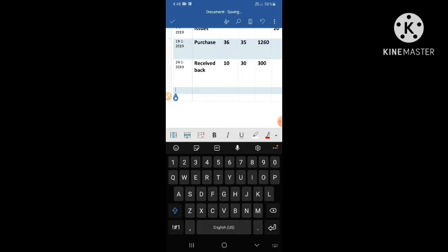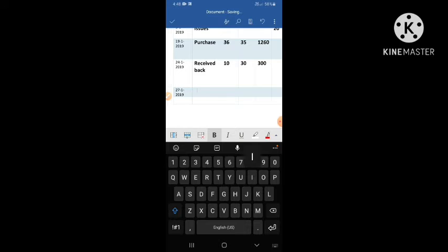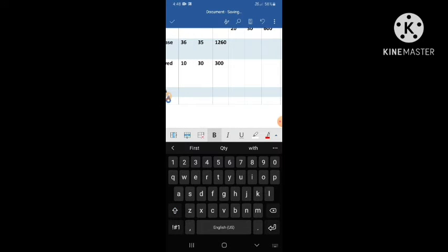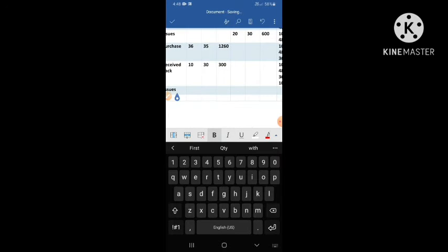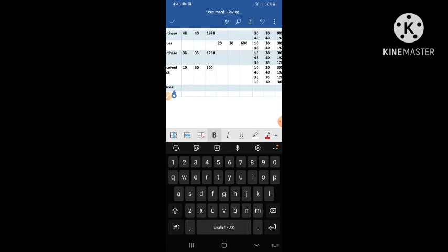So on 27 Jan 2019, they made an issue, so we should show it in the issue column. How many units? 15 units. Since this is a FIFO method, we want to issue the first 15 units.